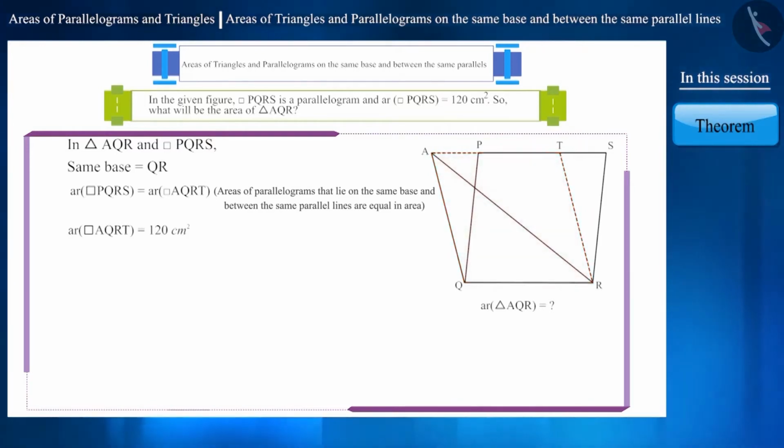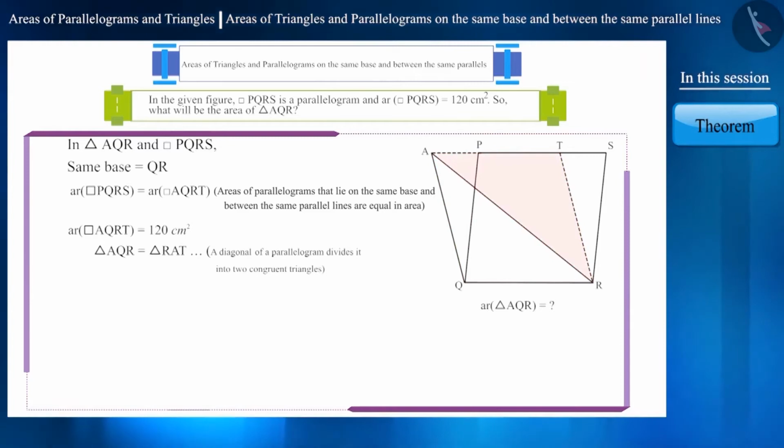And if we consider the parallelogram AQRT, then AR is one of its diagonals, and we know that the diagonal of a parallelogram divides it into two congruent triangles. And the areas of congruent triangles are equal. Therefore, the areas of triangle AQR and triangle RAT will also be equal.